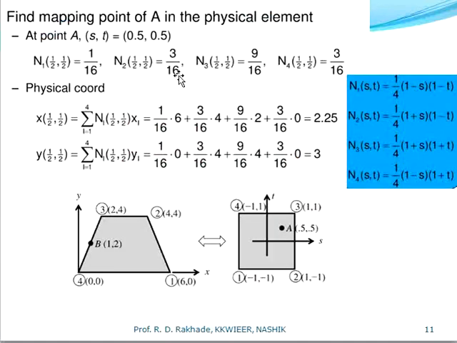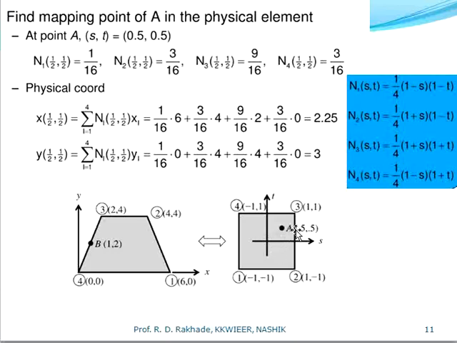Example: find the mapping of point A in the physical element. At point A, s and t, suppose this is our reference element and this is our actual element. According to the reference, suppose I know the position of A; this is our reference point 0, 0.